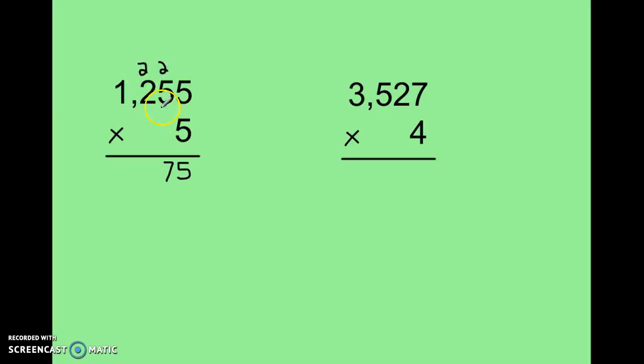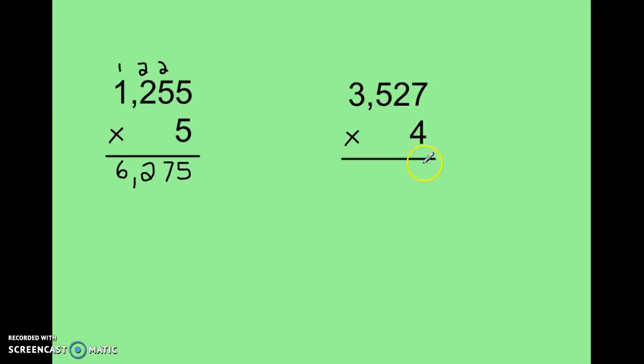Carry my 2. 5 times 2 is 10, plus 2 is 12. Carry my 1. 5 times 1 is 5, plus 1 is 6. So I ended up with 6,275.